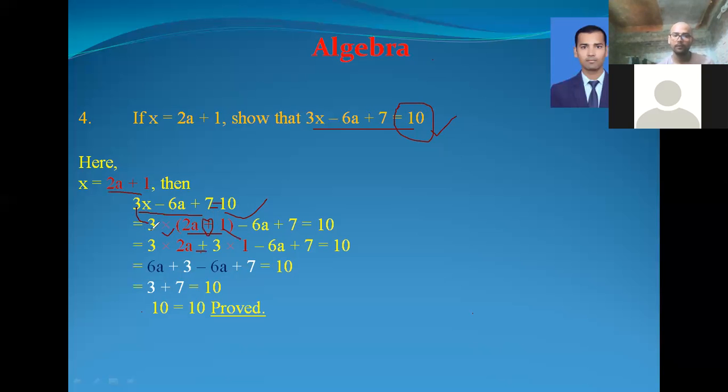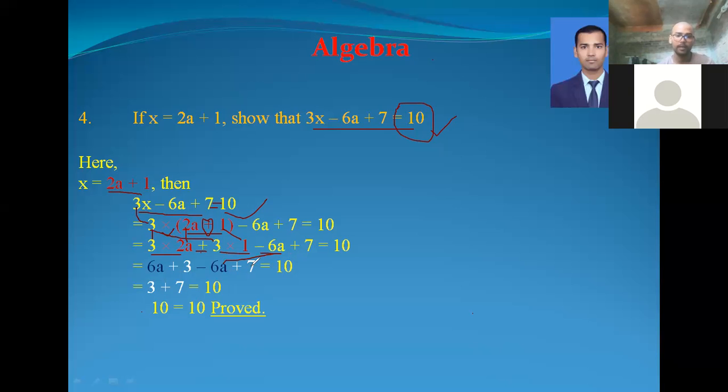In the same way, this gives 6a plus 3, and minus 6a is given here, and plus 7 is given here, and it's equal to 10.